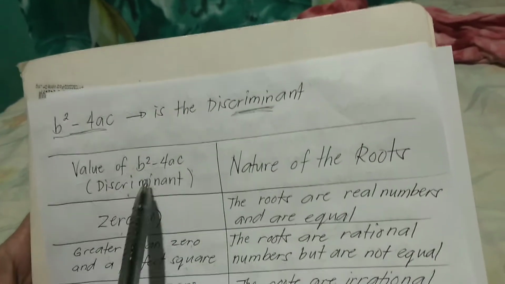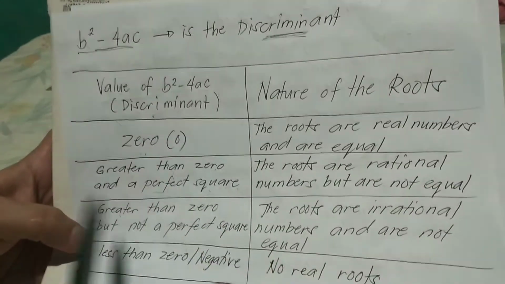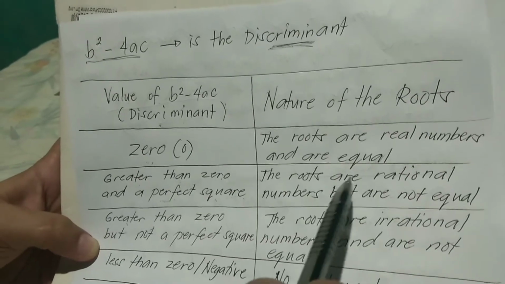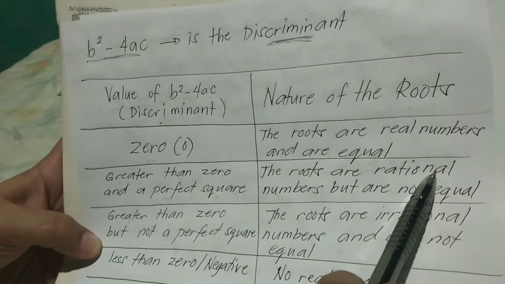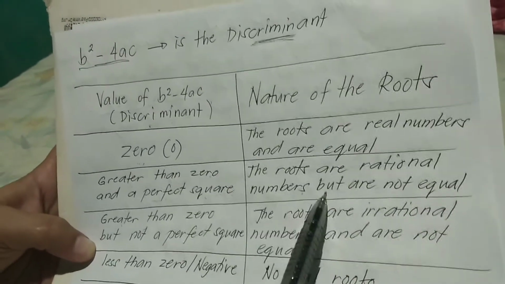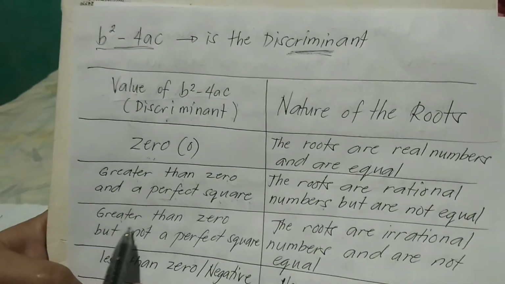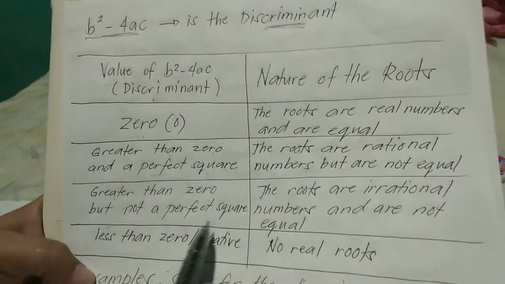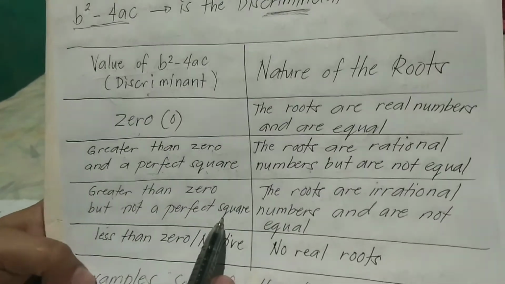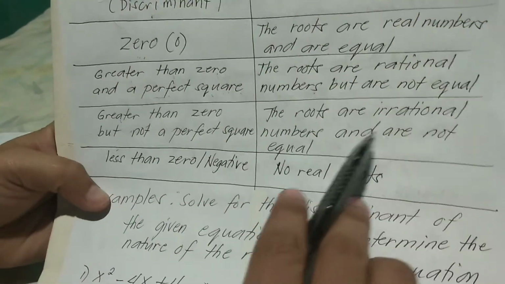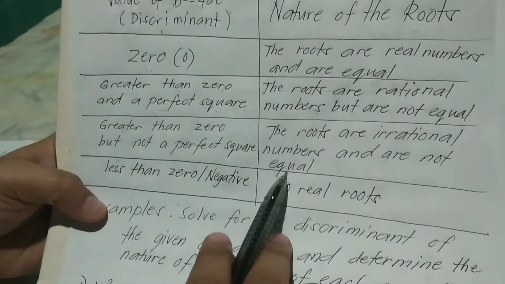If the value of the discriminant is greater than 0 and a perfect square, the roots are rational numbers but are not equal. Kapag greater than 0 but not a perfect square naman, the roots are irrational numbers and are not equal.